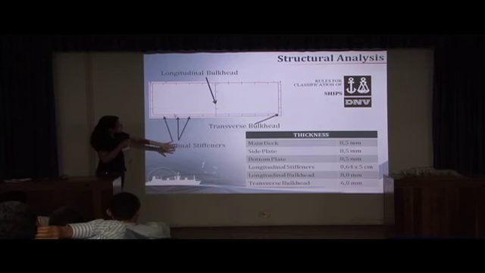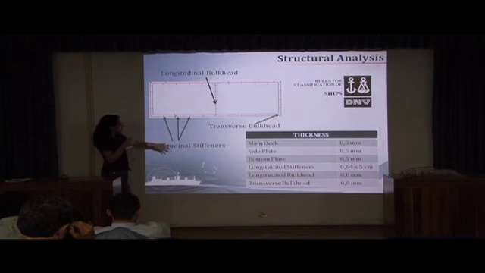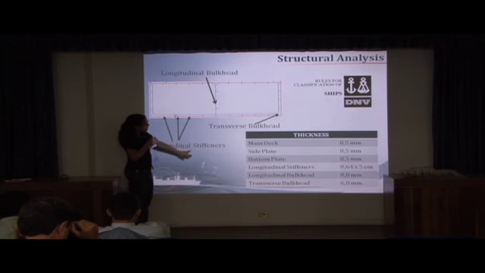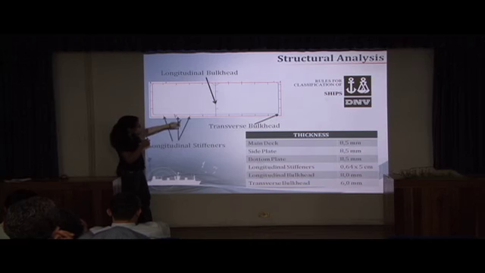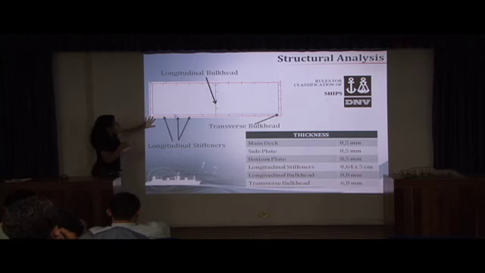So those are the thicknesses of the main deck, the side plate, the bottom plate, the longitudinal stiffeners, the longitudinal bulkhead, and the transverse bulkhead.